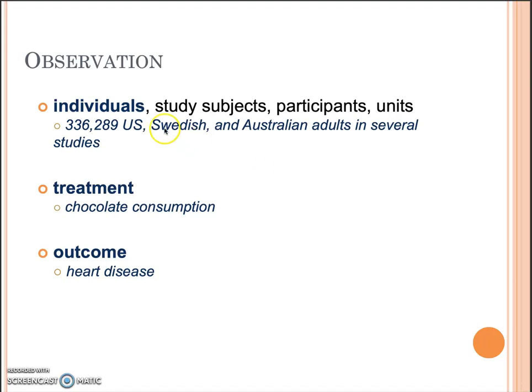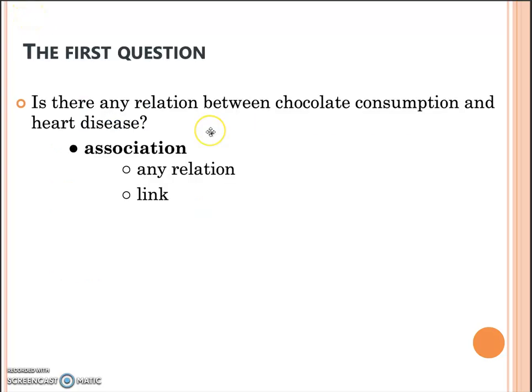After this report came out, of course, we had different kinds of articles about it. So after this observational study came out, we have a couple of questions to ask ourselves. The first thing we want to ask is: is there any relation between chocolate consumption and heart disease?